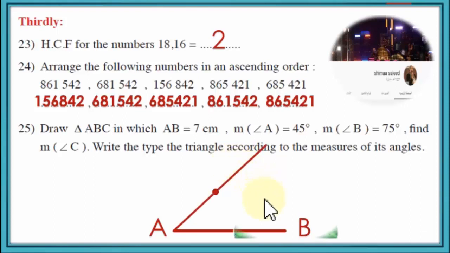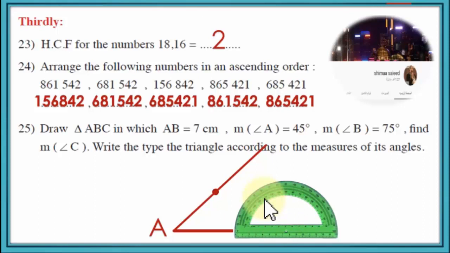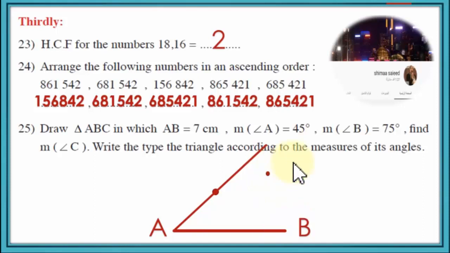After that, use your protractor again to measure angle B. 10, 20, 30, 40, 50, 60, 70, between 70 and 80. Put dot. Then use your ruler and pencil to draw a line segment again, passing through this dot.